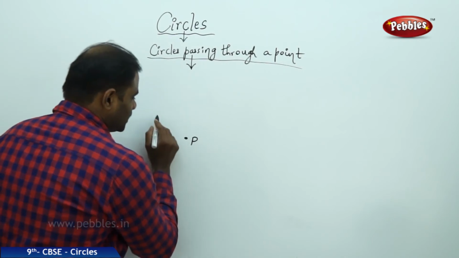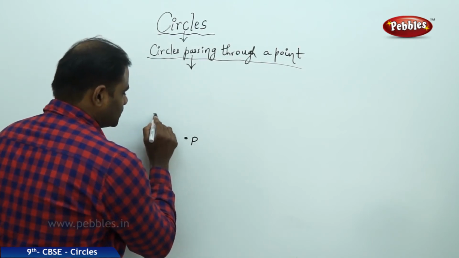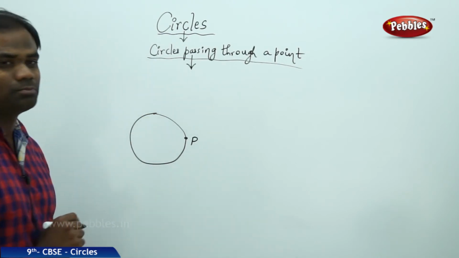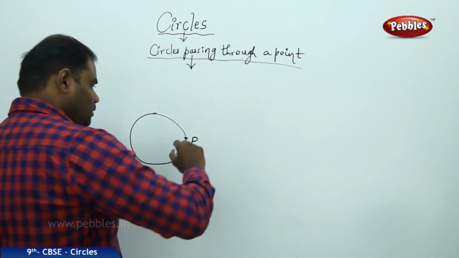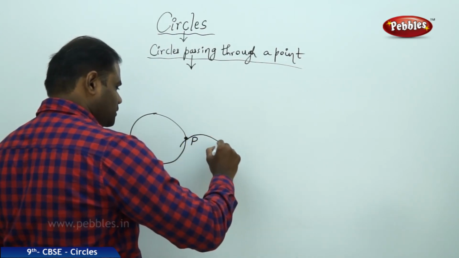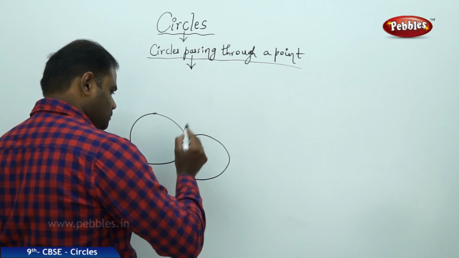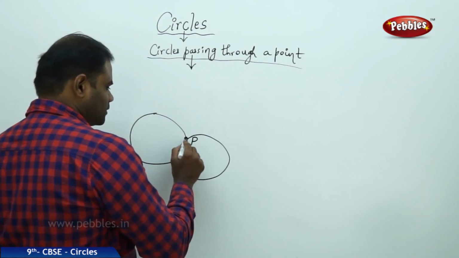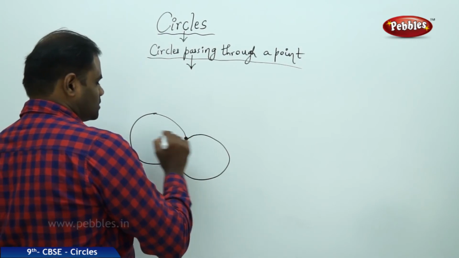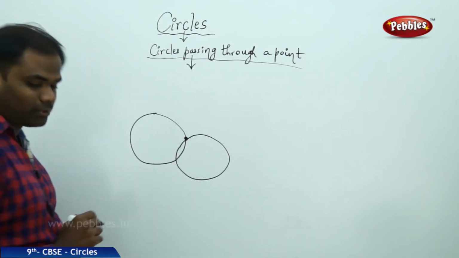So for example, I have a circle which passes through point P. I can equally have another circle which passes through the same point P. I can also have another circle which can pass through the same point.